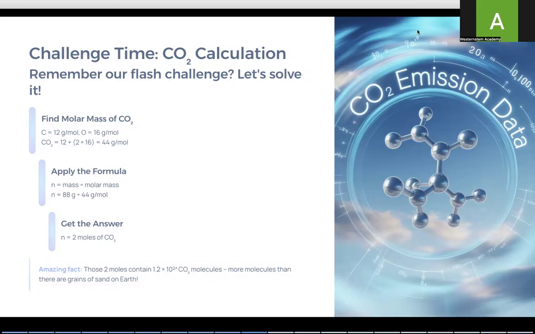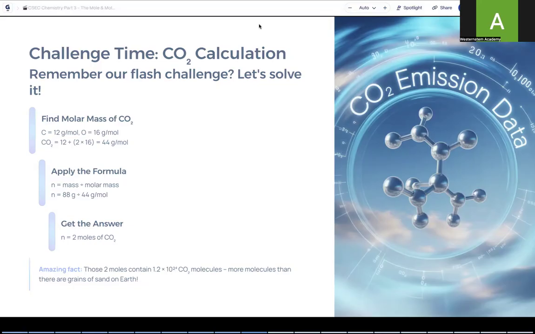So carbon dioxide is going to be 12, right? Plus 2 times 16, right? Because we have two oxygen atoms in carbon dioxide and one carbon atom. So that's 12 plus 2 times 16. First, we do 2 times 16, right? And then plus 12. So go ahead and comment your answer below.